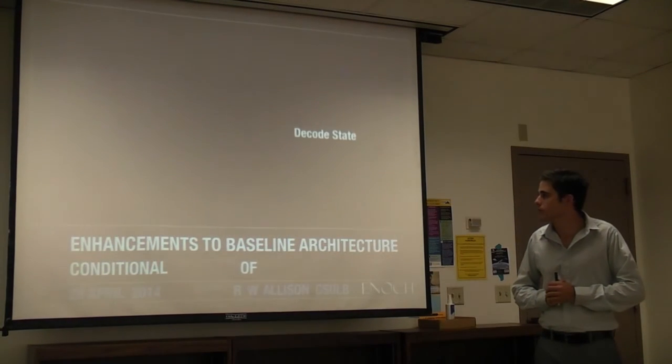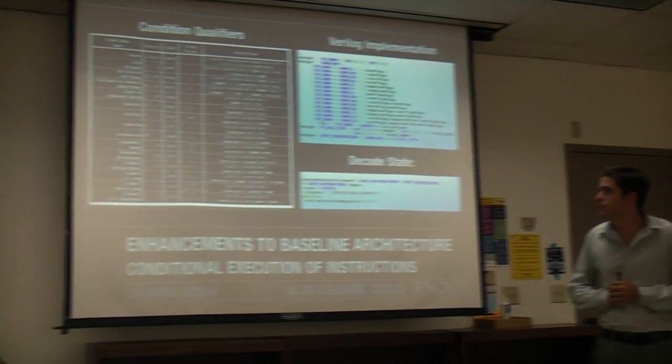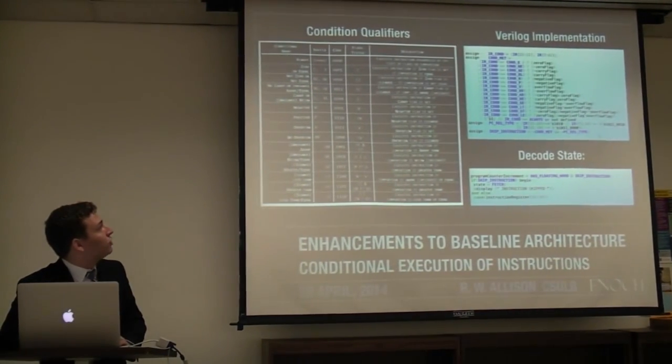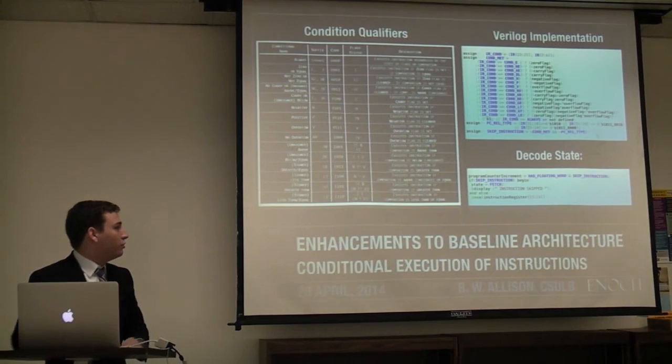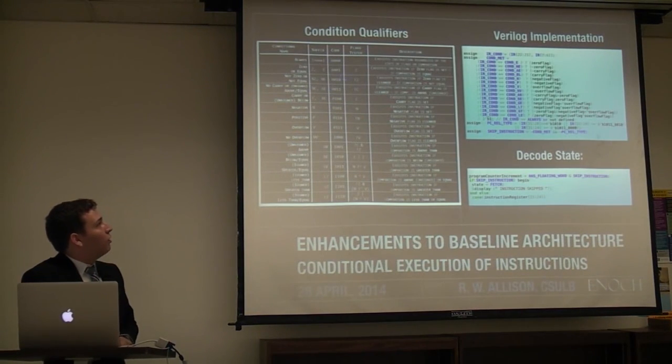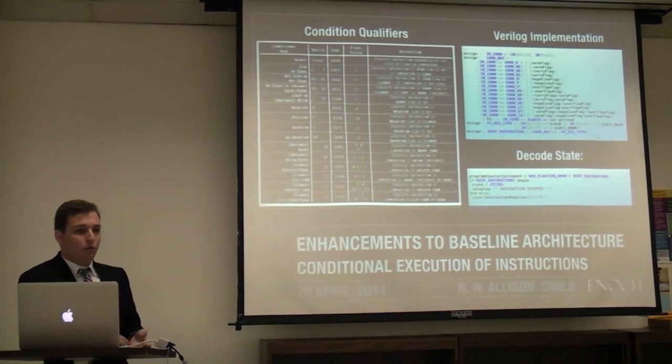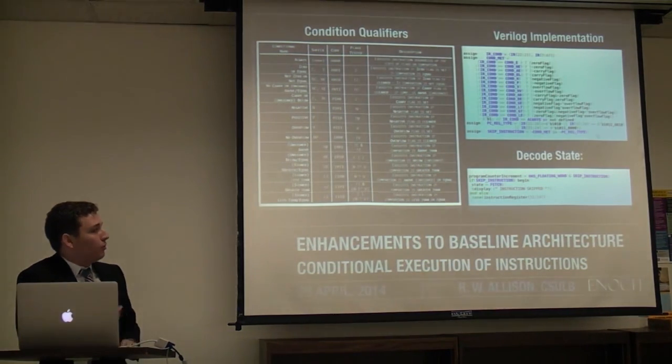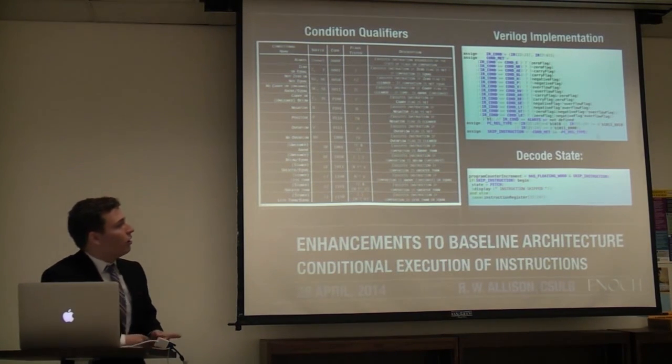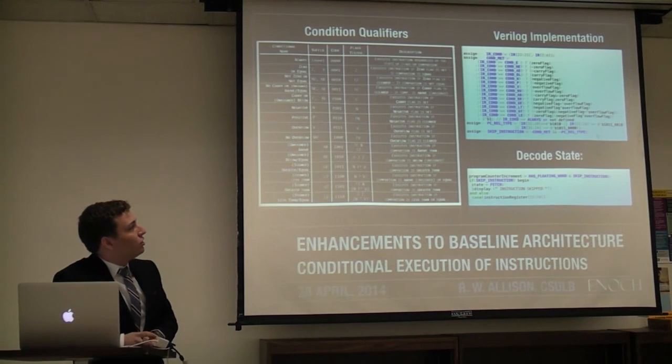Okay. So our next enhancement, as I was talking about, is conditional execution of instructions. On your left, you can see a table of all of the suffixes to your instructions when you write assembly, as well as the conditions that are required to meet those conditional values. On the right, you can see our implementation.